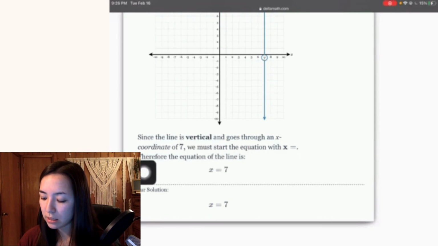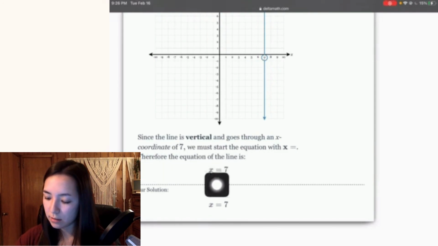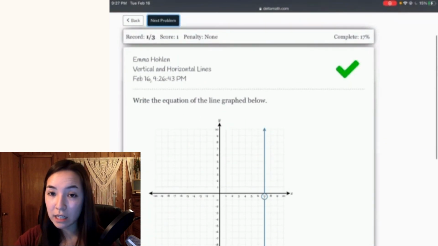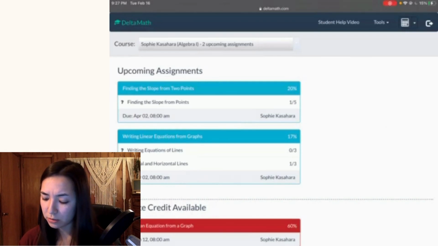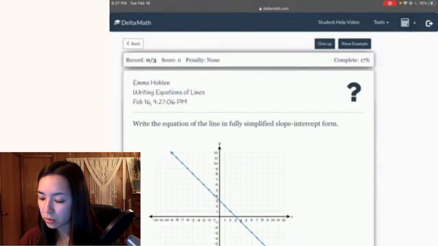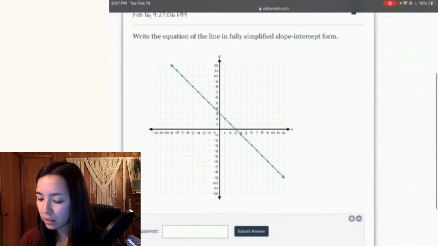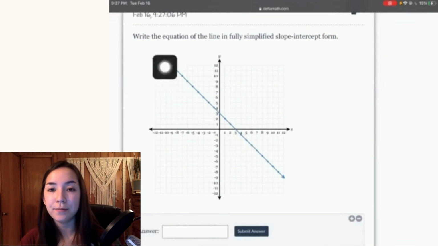Therefore, the equation is x equals 7. You need to get 3 of these correct. Then, you need to get 3 of these correct too. You need to write an equation for this line.